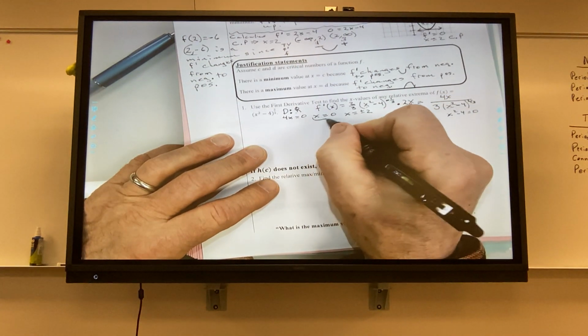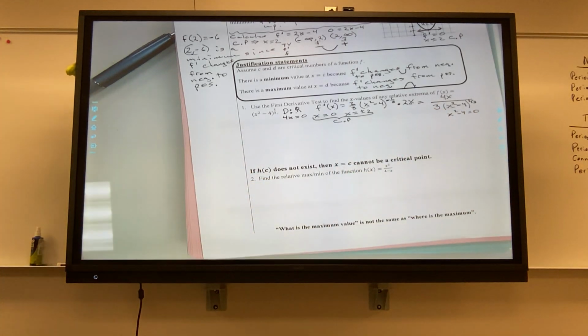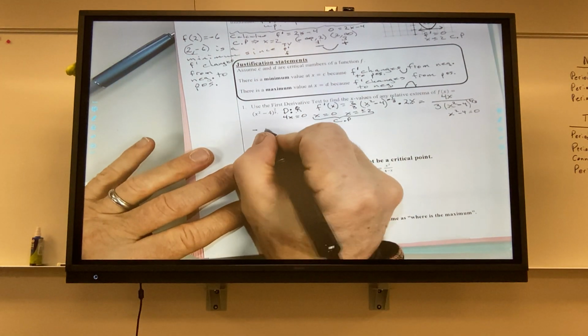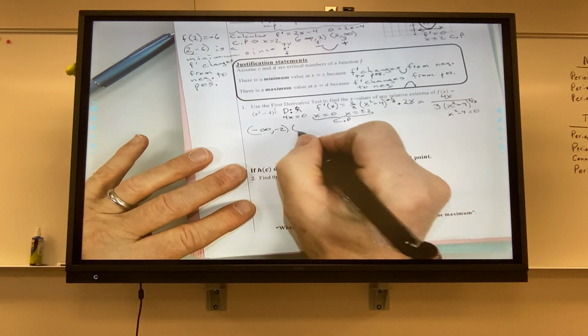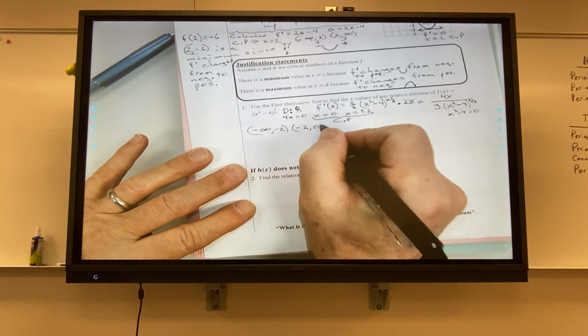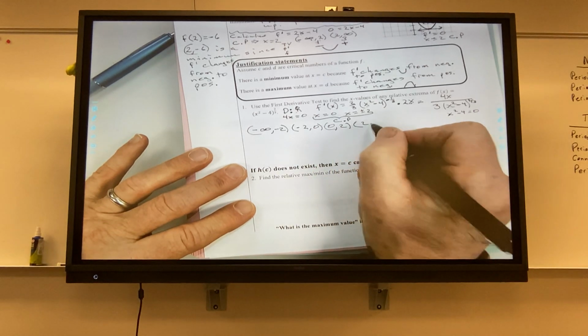So these are my critical points. I have 3 of them. That means I'm going to have 4 intervals. It's going to go from negative infinity to negative 2, from negative 2 to 0, from 0 to 2, and from 2 to infinity.